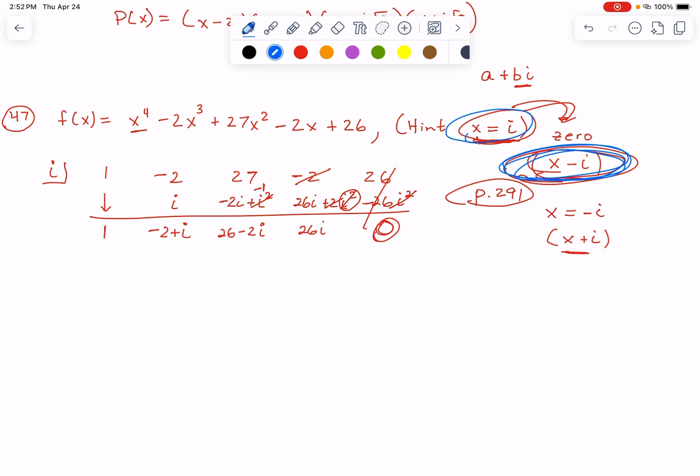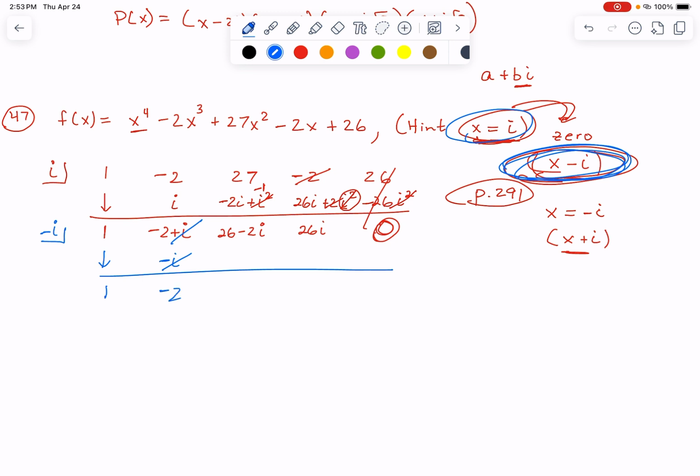Now we're going to do negative i, because if we know i works, negative i has to work. So we do it with the remaining coefficients. Drop the 1. We get a negative i. Now this second part works out great because everything's just going to cancel out. So the i's cancel. We get negative 2.